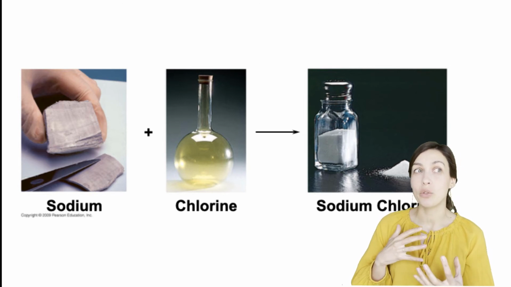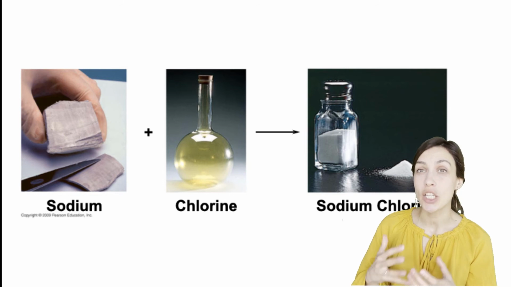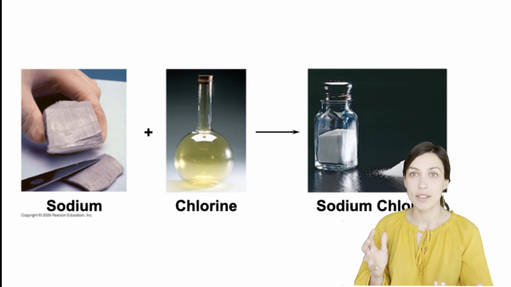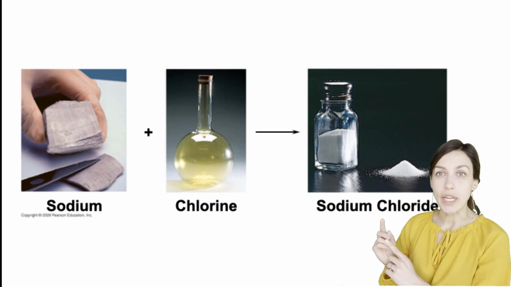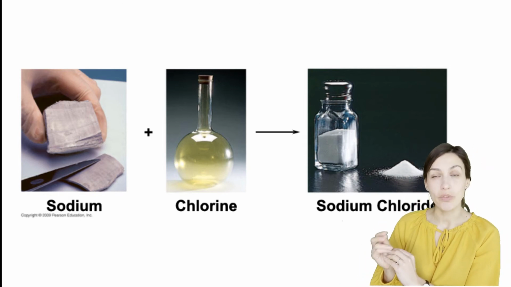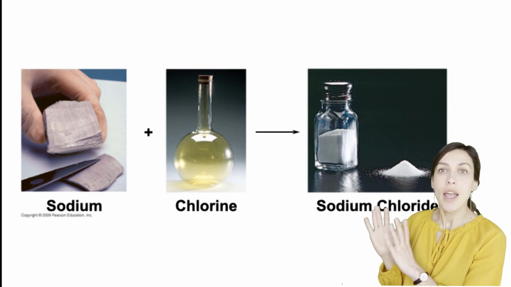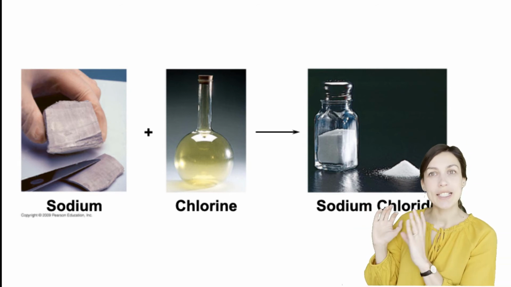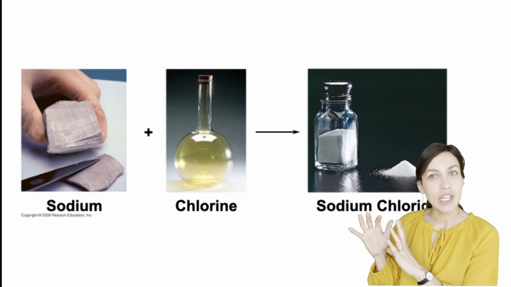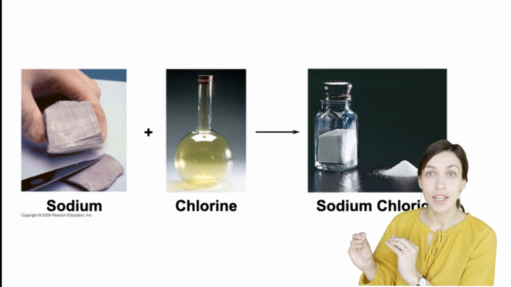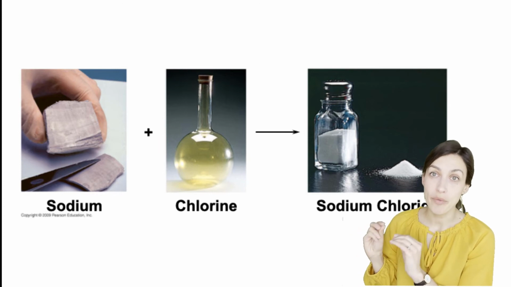If you were to accidentally get some water on that, you would have an explosion. So it's a volatile substance. Chlorine in its pure form, if you just have neutral chlorine atoms stuck in a container, is a yellowish greenish gas that is extremely toxic. And if you were to inhale that, you would have brain damage.